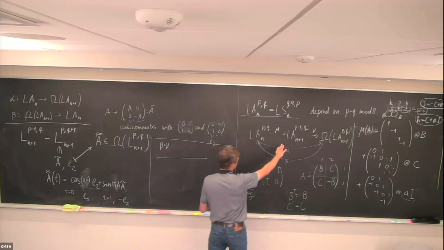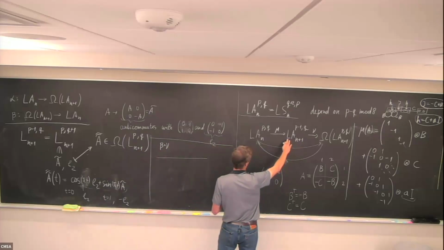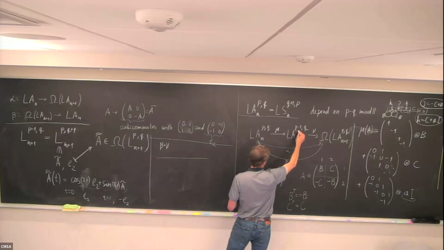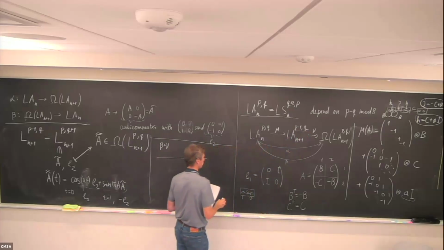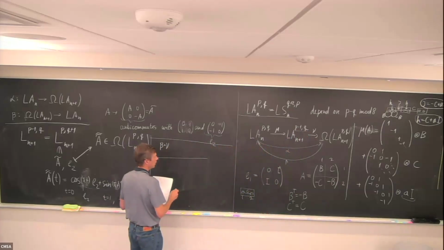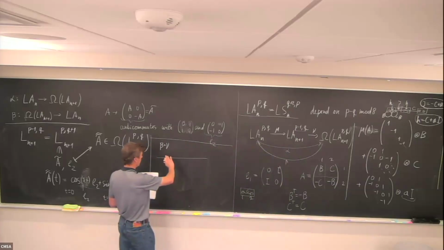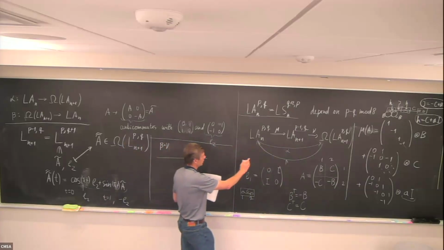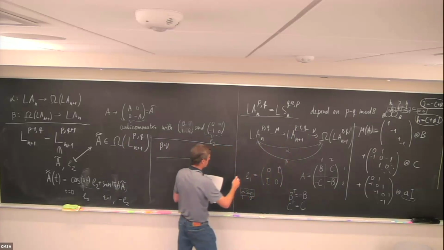It doesn't depend on a parameter yet. It has these Clifford generators. We're adding a positive Clifford generator, and we're applying beta.